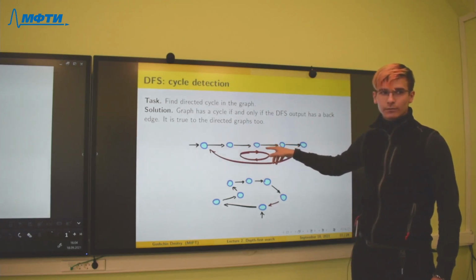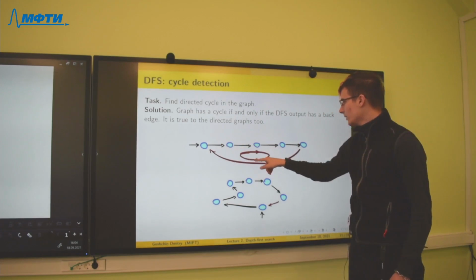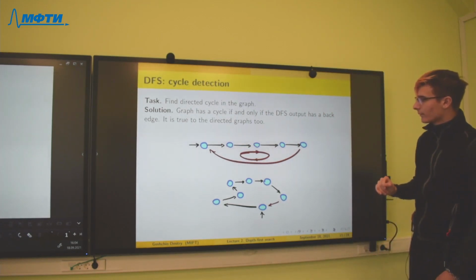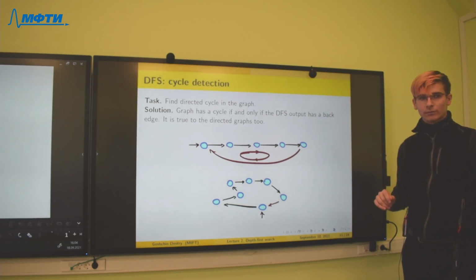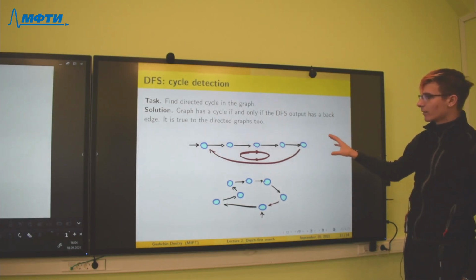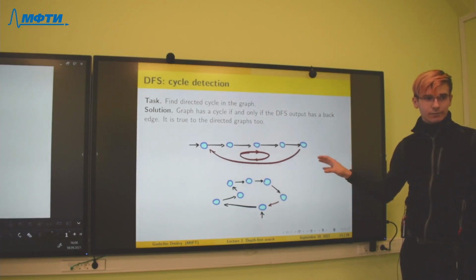Yep. If, for example, we reverse this edge, it will not be a cycle. Okay. So we want to find directed cycles.